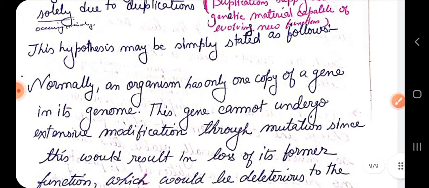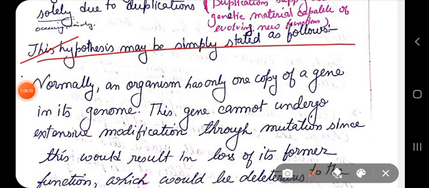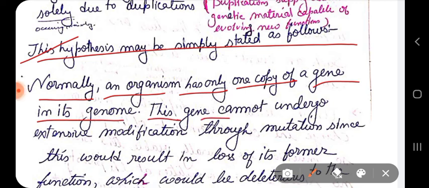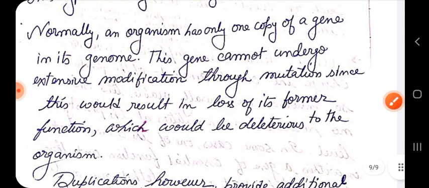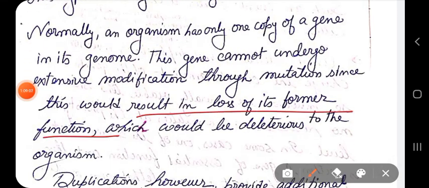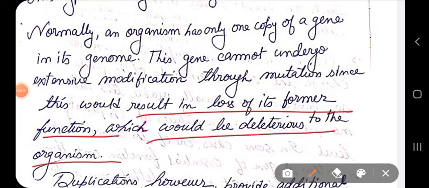And this hypothesis is simply stated as follows. Normally, an organism has only one copy of a gene in its genome. Now, this gene cannot undergo modification, because if it undergoes mutation, it will result in loss of its function, which would be deleterious to the organism.